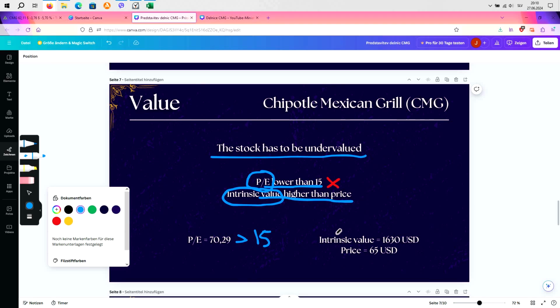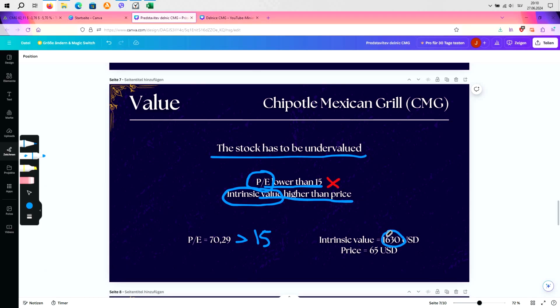Based on those financials, the current price should be $1,630, but the current price is actually $65. So it's much lower than the price the company should have at the moment.